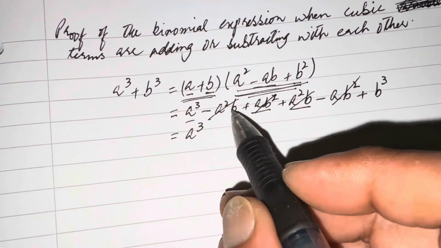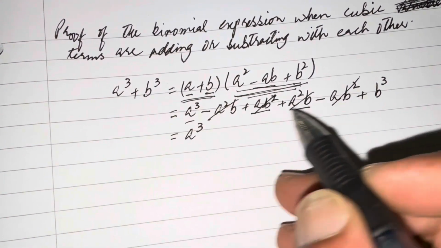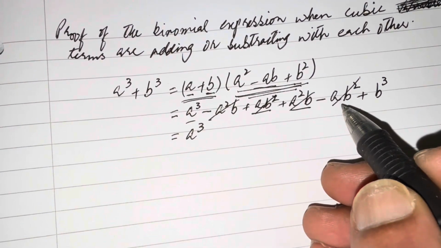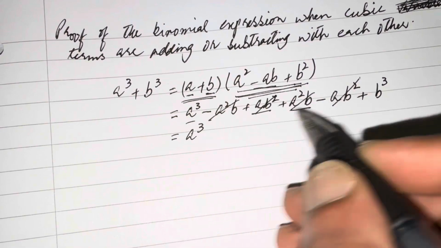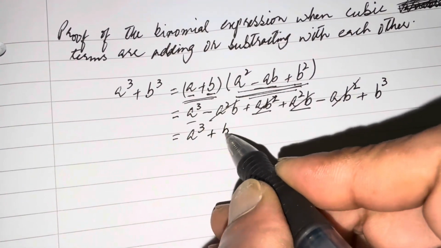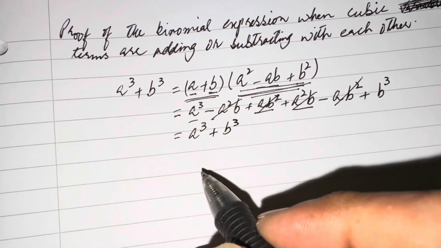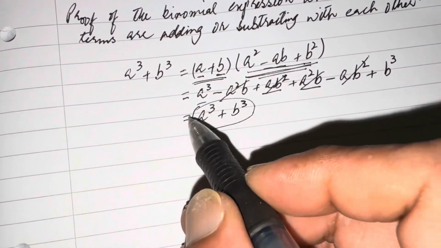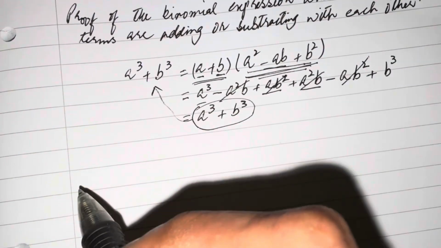So all these terms in between a cube and b cube will be cancelled, and then the plus b cube we will write down the same way. So see, this is now equal to this.